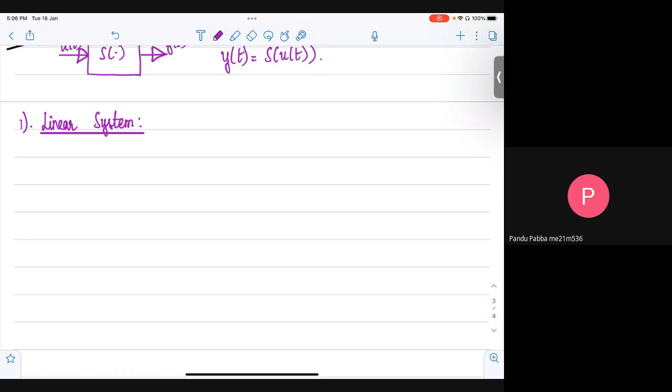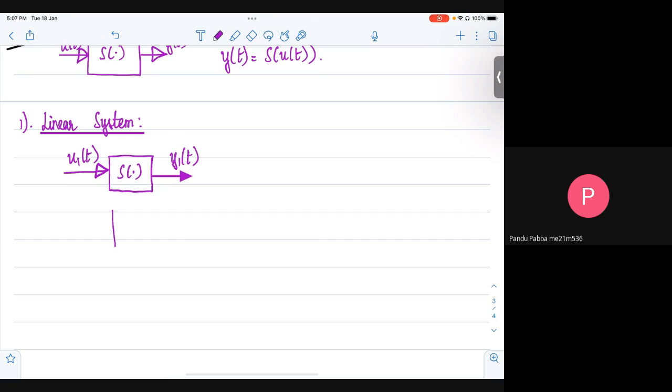So let's look at this. Suppose we consider the system, and we provide an input U1 to the system, right? And we get an output Y1. So I give some arbitrary input U1 and then I get an output Y1 from the system.